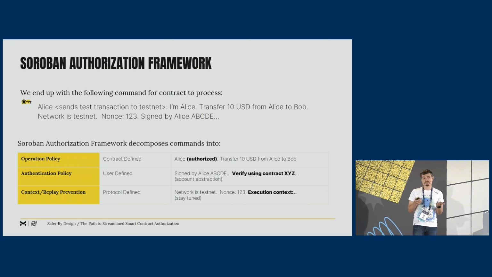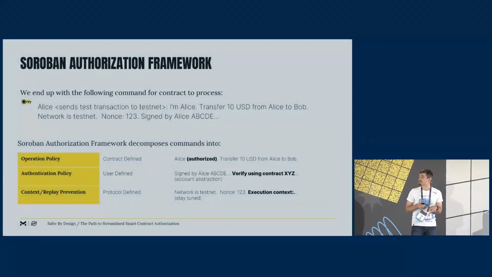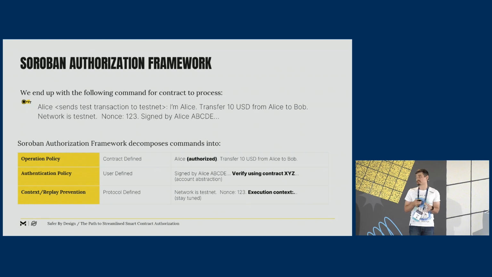The operation policy remains on the contract developer because, as I mentioned, it really depends on the exact operation being performed. So the only thing that needs to be done compared to the naive implementation of the auth we had at the very beginning is to explicitly mark that Alice has to be authorized, and then the framework does all the magic. Otherwise, this message looks pretty much the same as we had on the operation policy slide way back.